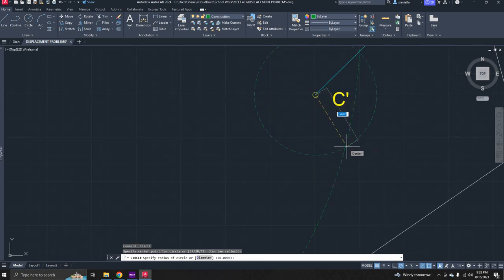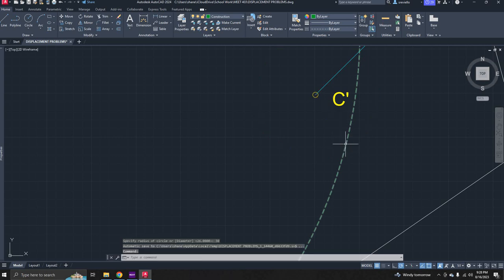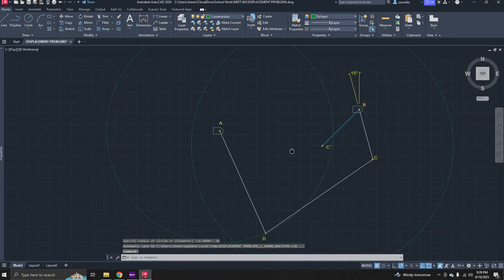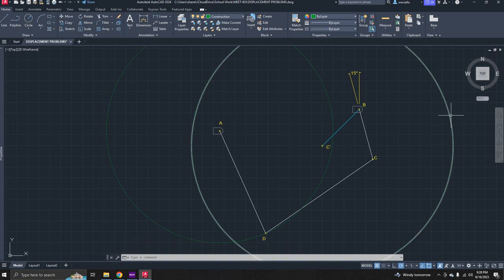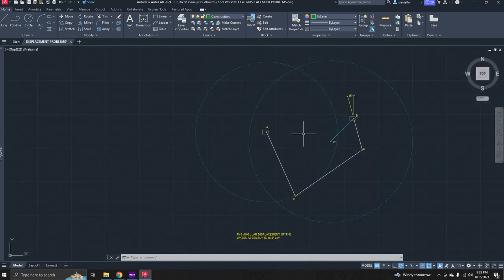Our length CD is 30 inches. And so that gives us this arc. So if C prime was fixed and point D was allowed to rotate freely about it, it would land somewhere on this arc. Now these two arcs intersect in two places.